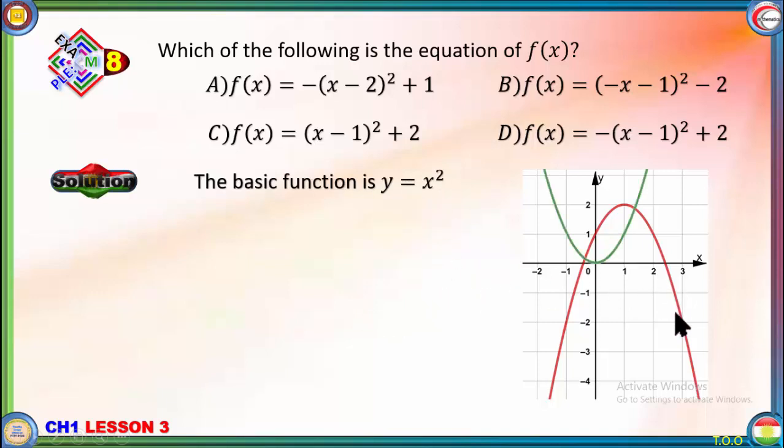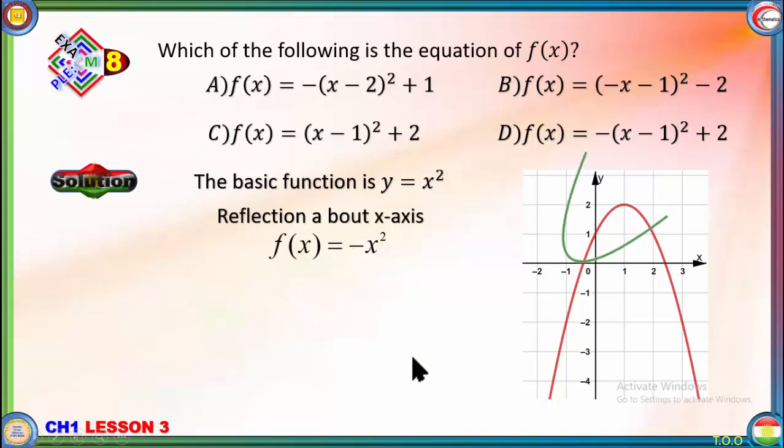As you can see, this wanted function is the opposite of the given function. Therefore, it is a reflection about the x-axis. Then we reflect this function about the x-axis. It becomes f(x) equals minus x squared, like this.